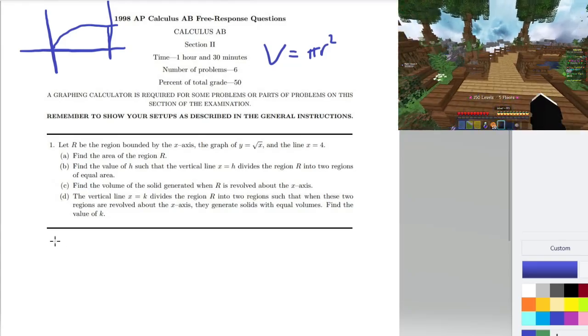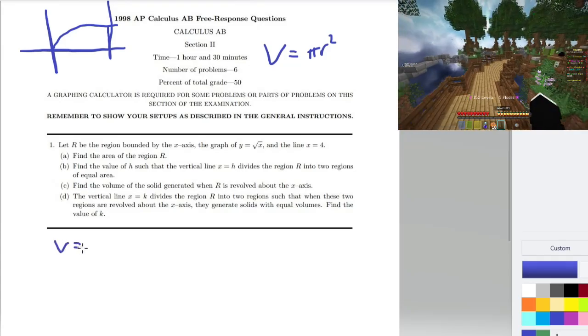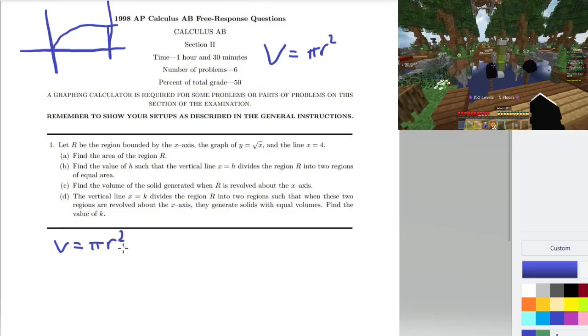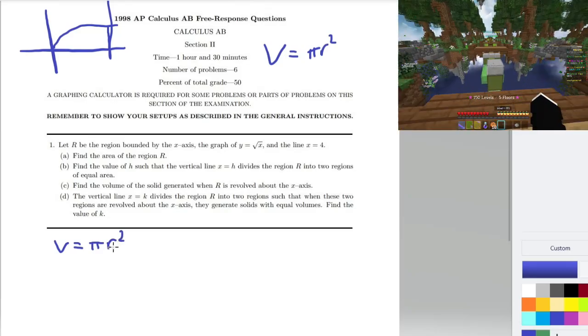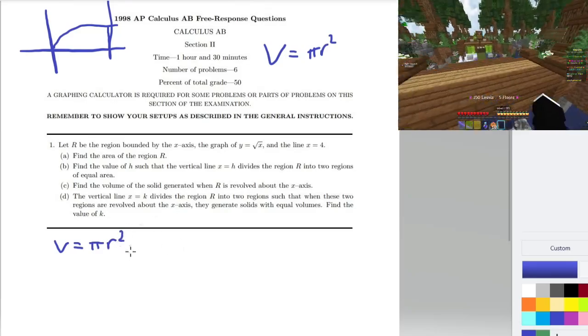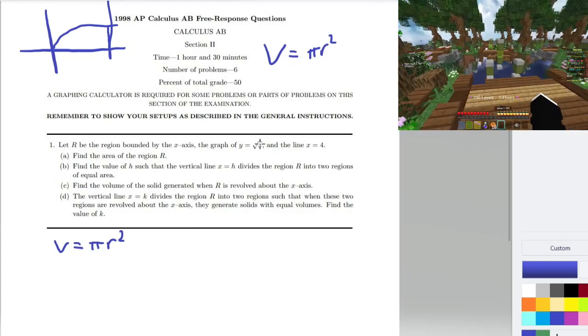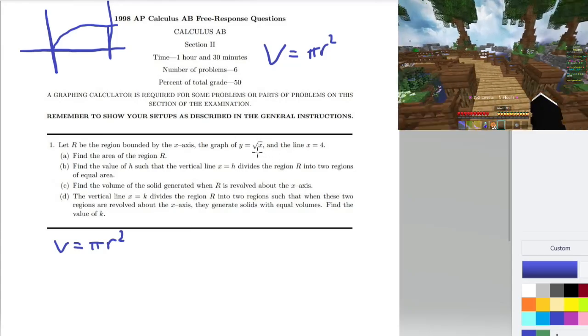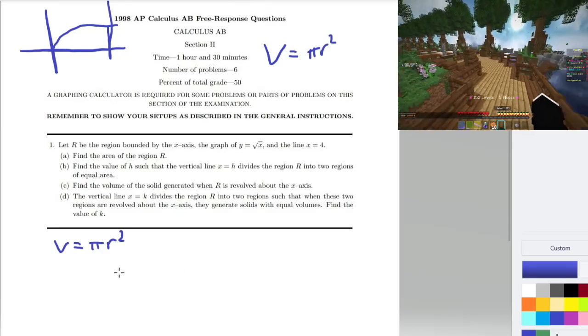Okay, so we say V is equal to pi r squared. R is going to be equal to the integral from 0 to 4 of square root of x dx.